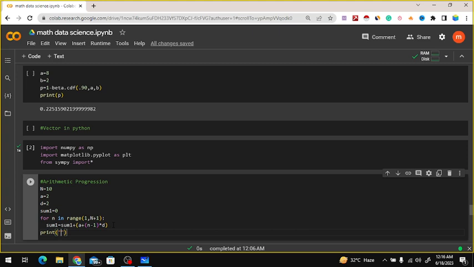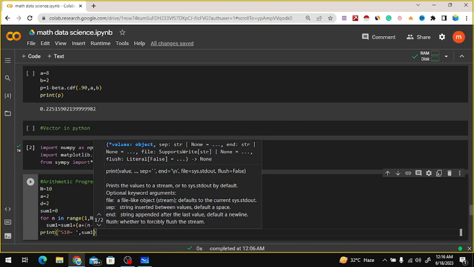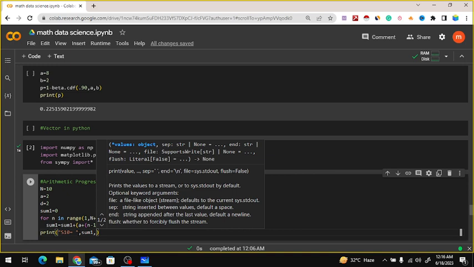S10 equal to sum 1, comma, by summation.